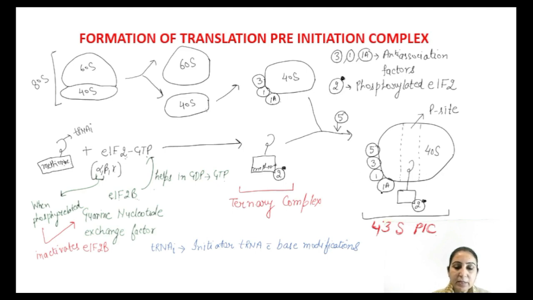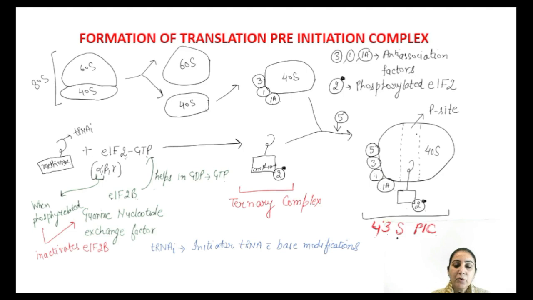This is the ternary complex. This is the 40S subunit and this is our factors 3, 1 and 1A. And initiation factor 5 also comes here.